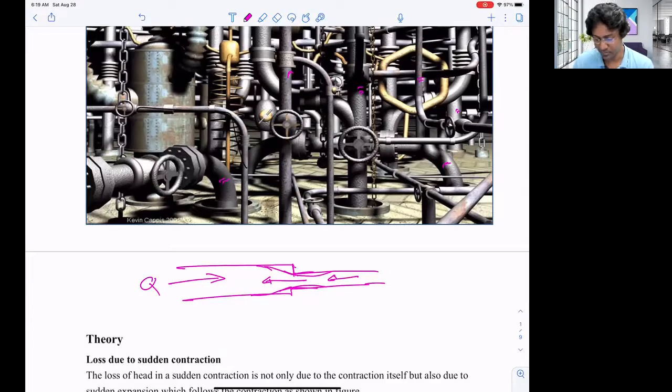And not only this one, we may have this type of elbow, right, bend, or this type of right angle bend. Because of this bend, there will be some losses, head loss. In liquid we call it head losses, right? These losses are not the same loss that we just calculated for friction.